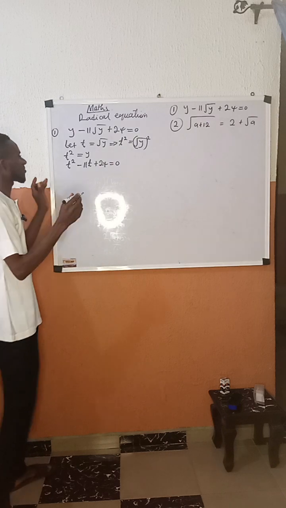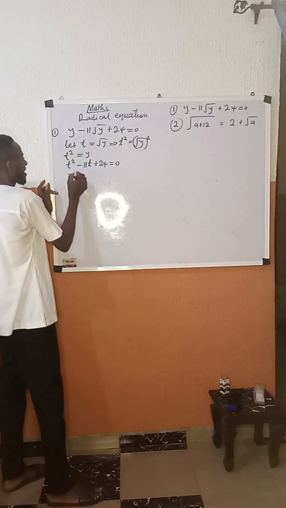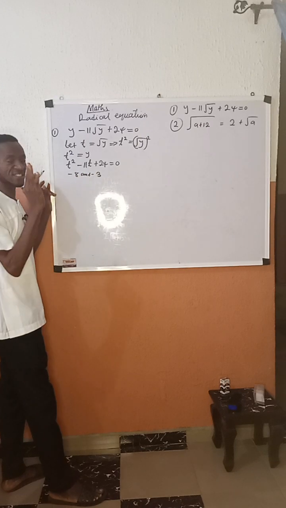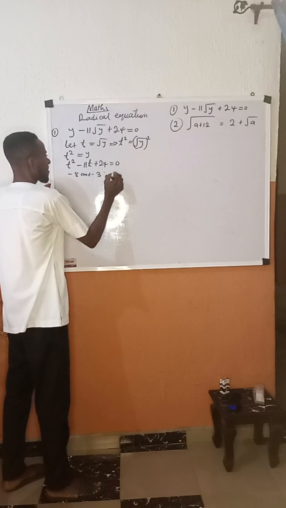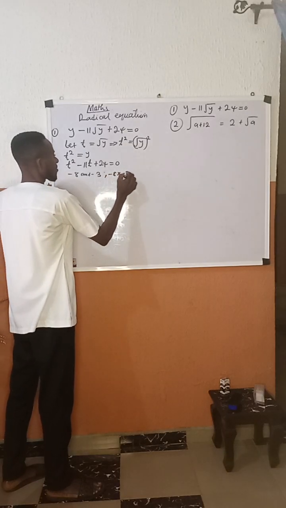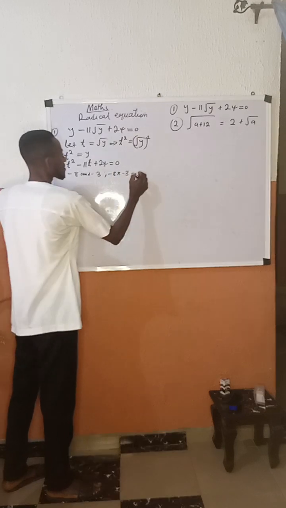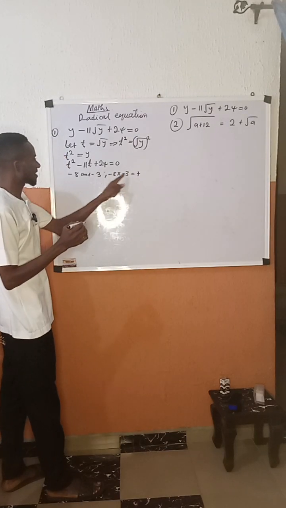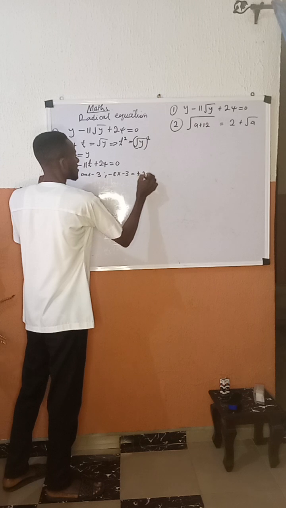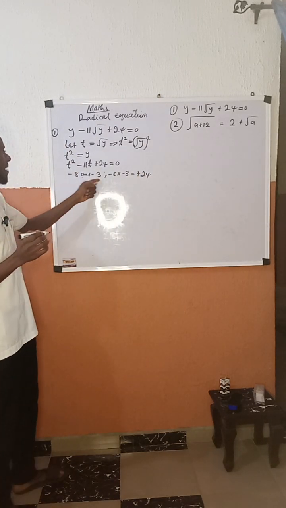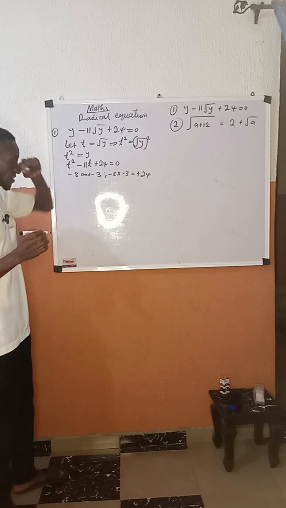And then the two possible numbers are minus 8 and minus 3. This is because minus 8 times minus 3 equals plus 8 times 3, 24. So we can see that the product of minus 8 and minus 3 is 24.